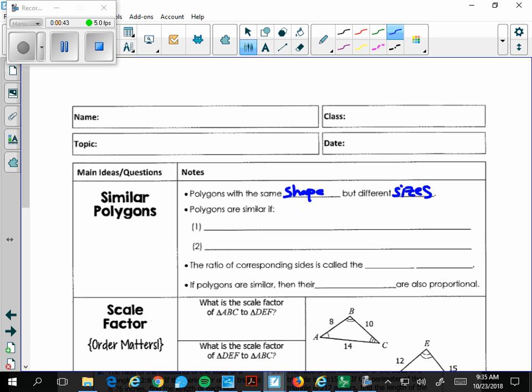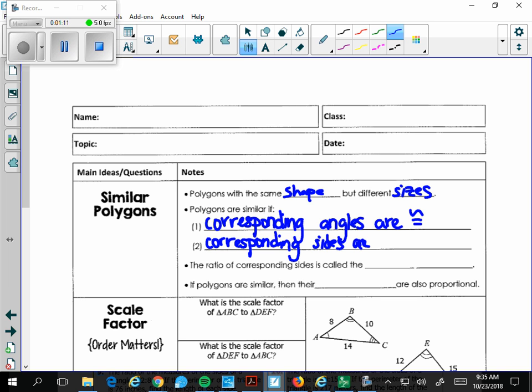We say that polygons are similar if their corresponding angles are congruent, and their corresponding sides are proportional.